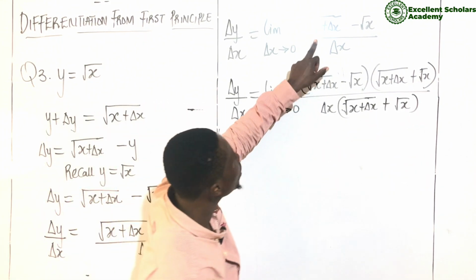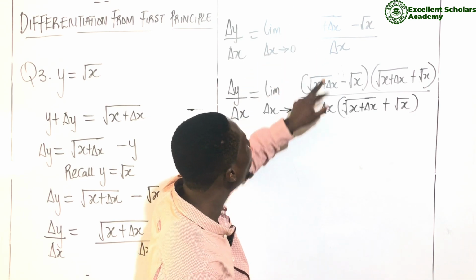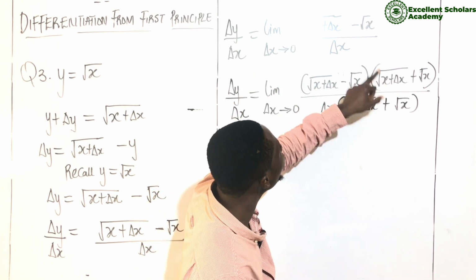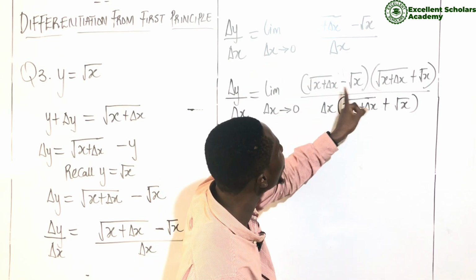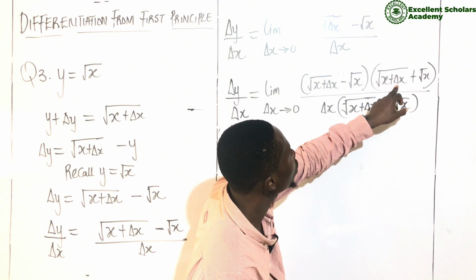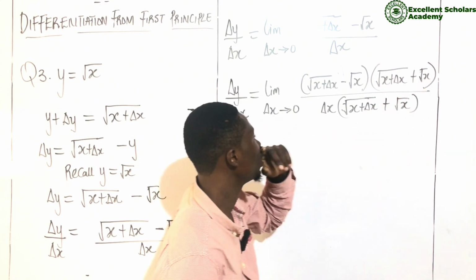So like I said, we are multiplying the numerator and the denominator by the conjugate of the numerator. The conjugate of the numerator is root of x plus change in x plus root x.